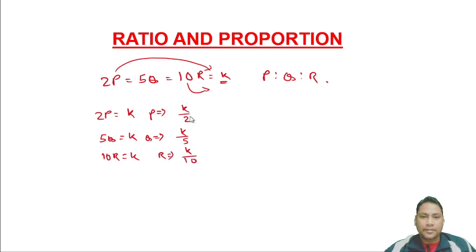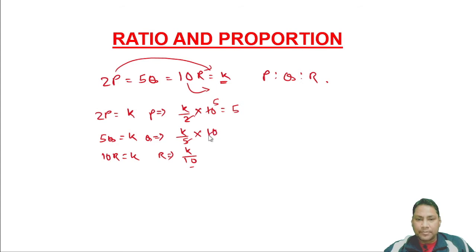Friends, earlier we have taken out the ratio of fractional values. Likewise we will take it out here also. Now we will multiply by the LCM of the denominators, that is 2, 5 and 10. The LCM will become 10. Likewise it will become 5, and we will also multiply it by 10.